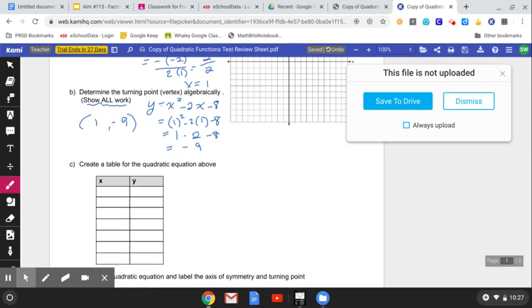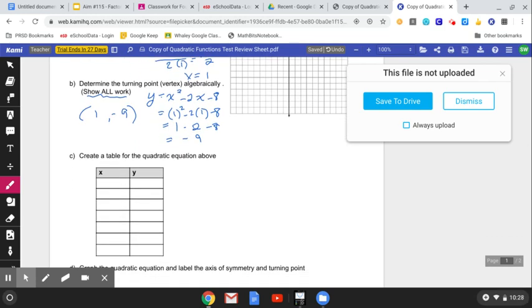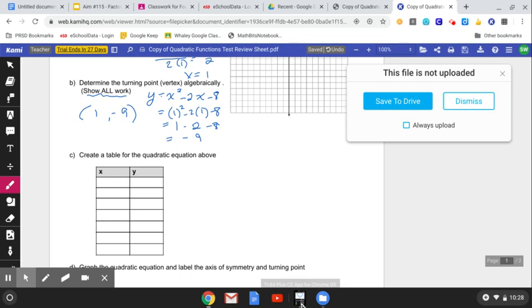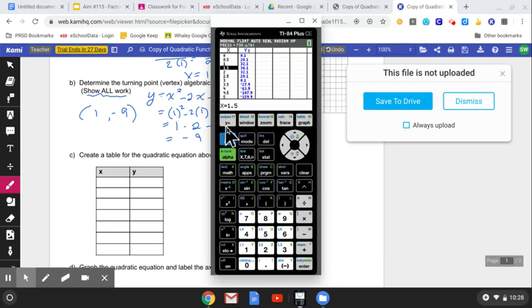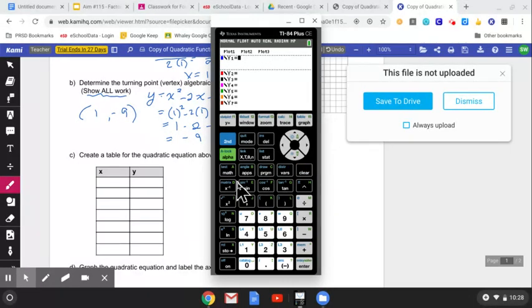Now it says create a table for the quadratic equation above. Now I'm going to do that using my calculator. So I go to my calculator. I'm going to type in the equation. So if you have anything there, just get rid of it like I just did. x squared minus 2x minus 8. And we're going to go to our table.